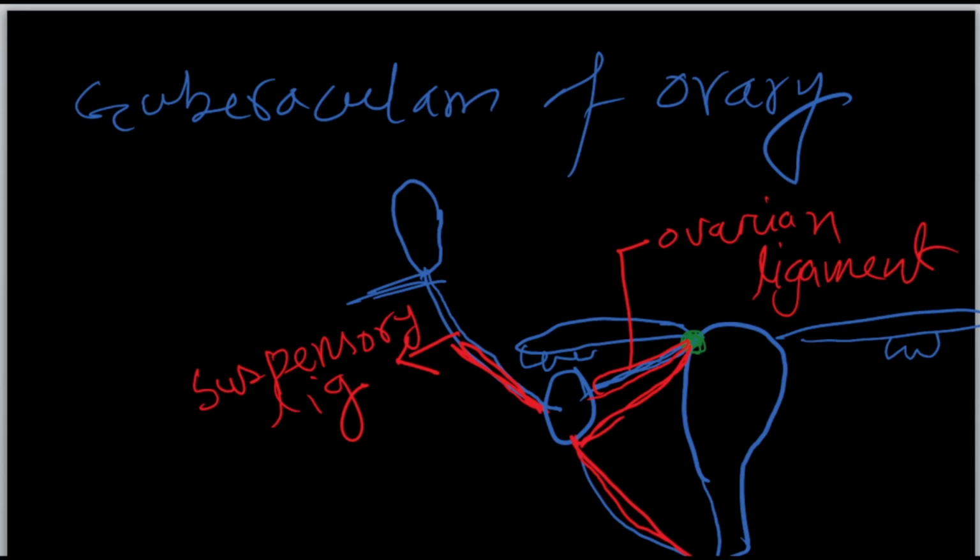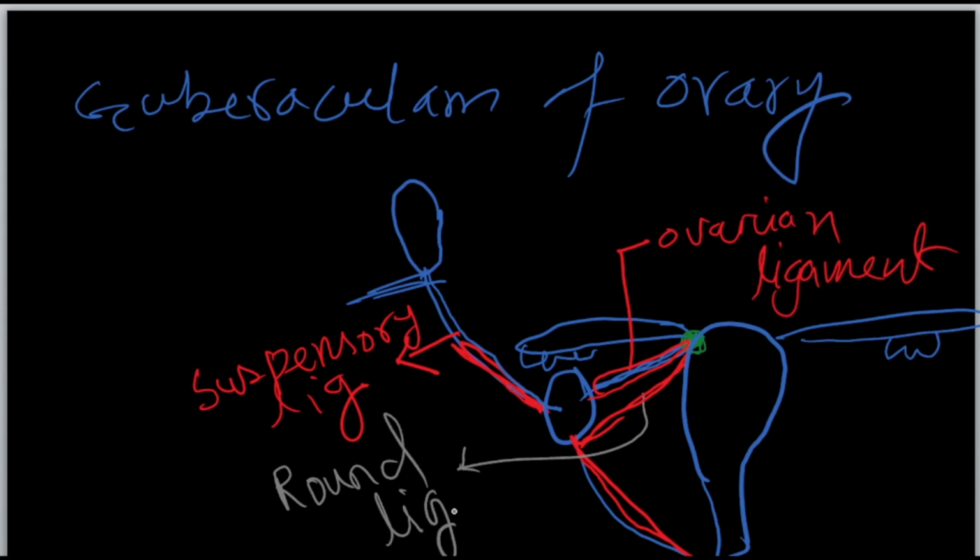That is known as round ligament. This round ligament is an important structure that is fixed with the cornu and its lower end goes towards the inguinal ligament and is fixed with the labia majora.